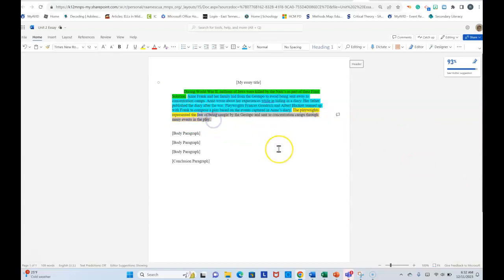Now, I could also write the playwrights represented the hope that the annex residents felt when hearing about the invasion.